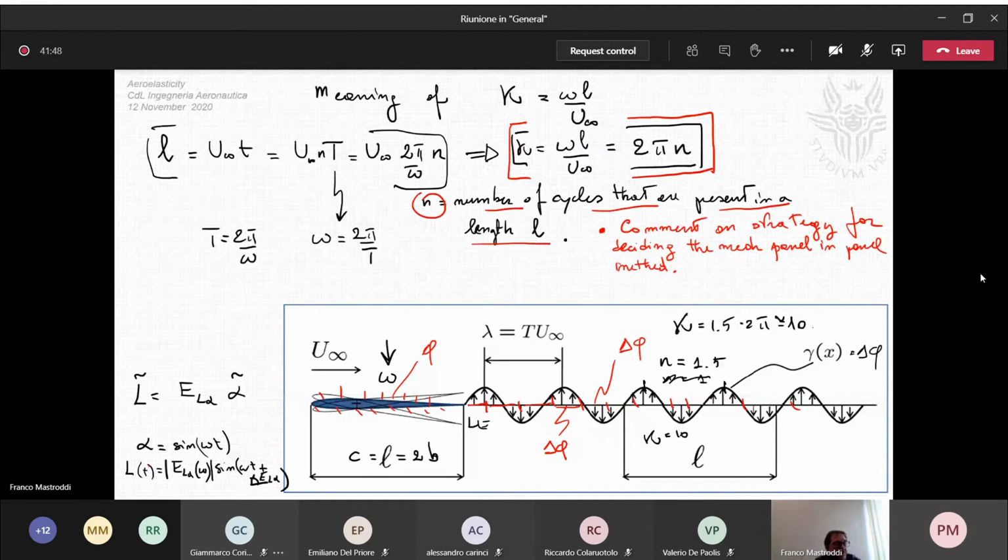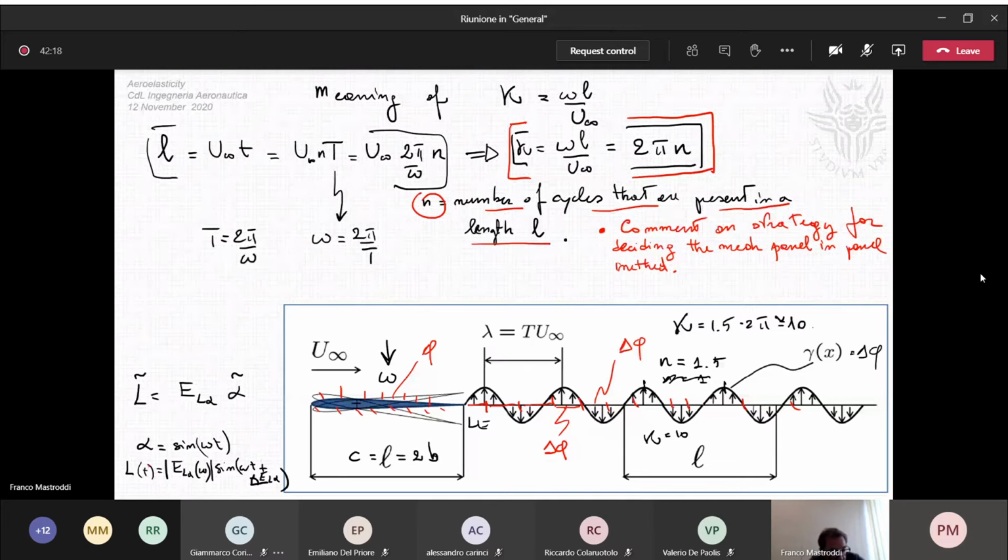This is very similar to the Shannon sampling theorem in telecommunications. You should be able, with your wake sampling, to represent an elementary harmonic. The higher the frequency, the more and more elements you should use in your wake discretization.